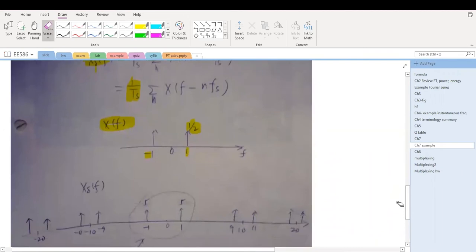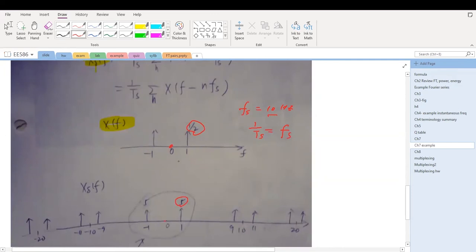Now, after sampling, the spectrum becomes periodic. The first copy is the spectrum itself scaled by 1/Ts. And we know that Fs equals 10 Hz. 1/Ts equals Fs. So this is a half multiplied by 10, that's 5 here.